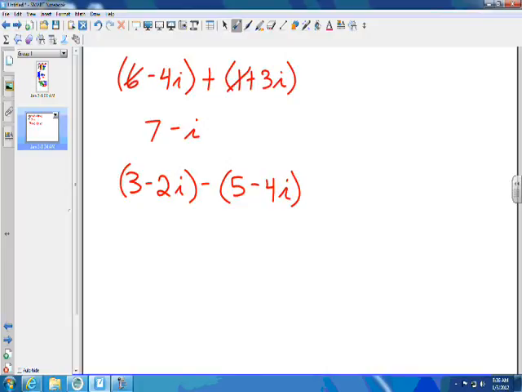If you were going to do that, I'll write that over to the side. You could do 3 minus 2i and then distribute that in, which would end up giving you minus 5 plus 4i. You can simplify it that way. If you did that, you wouldn't need the parentheses in there anymore.